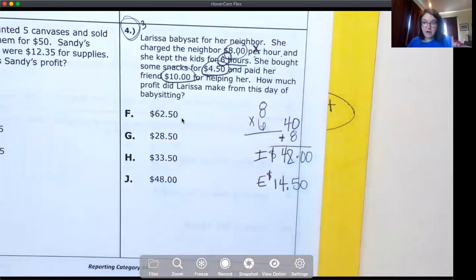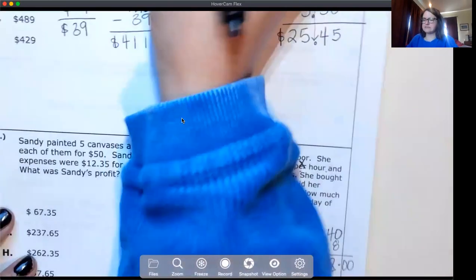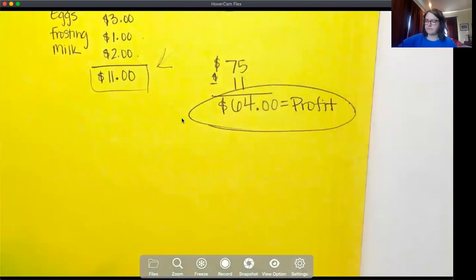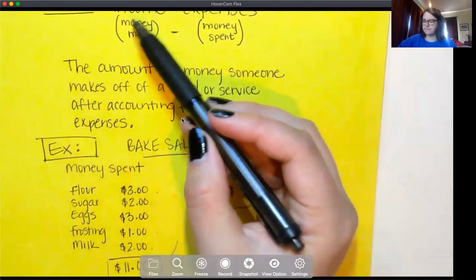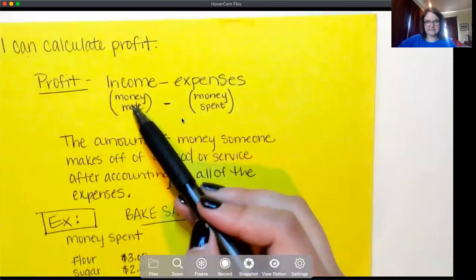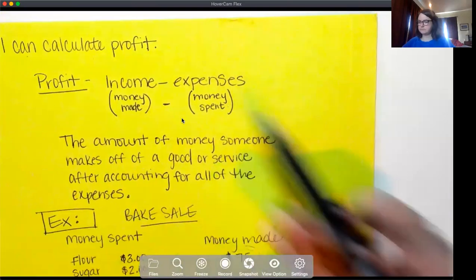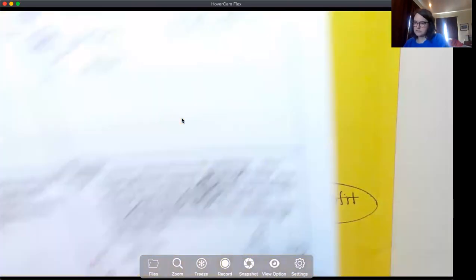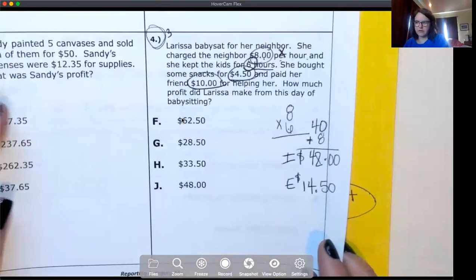Now that we've figured out our income and expenses, I can go back and remember that finding profit means taking my income minus my expenses. So let's rock and roll here.